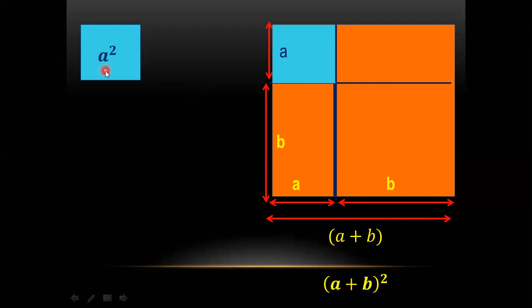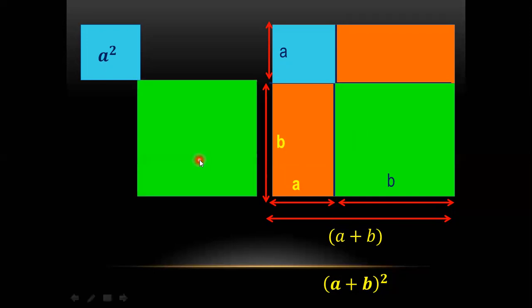I will write down the area over here, right? Now come to this square. As it is a square and its length of one side is B, look, it is B, right? I'm just changing the color of this square. I'm changing it to green and its side is B, so its area will be B into B, B square. So I'm shifting it over here and I'm writing its area inside it, right?